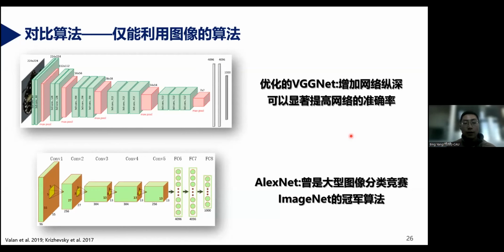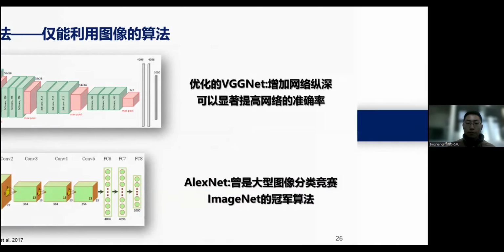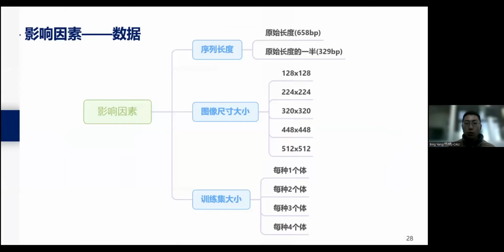The upper picture shows the result of using an optimized VGGNet, which increased the depth of the network and significantly improved the accuracy of the network. And the picture on the lower end is of AlexNet. And here are the results of our research.